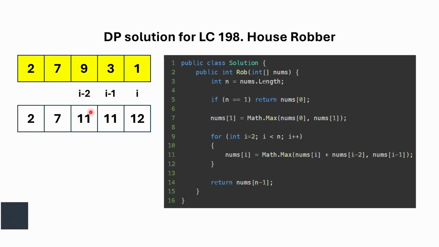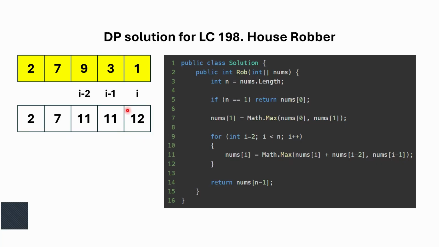So nums[i minus 2] plus nums[i]. The second decision is that I will skip this house, which means I can safely rob the adjacent house, the house at nums[i minus 1]. I will store in here whichever decision leads to the greater amount of money that I can rob.